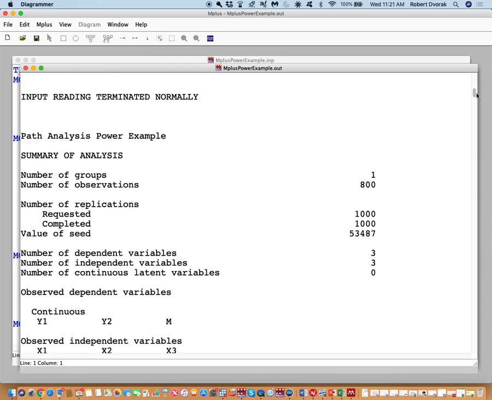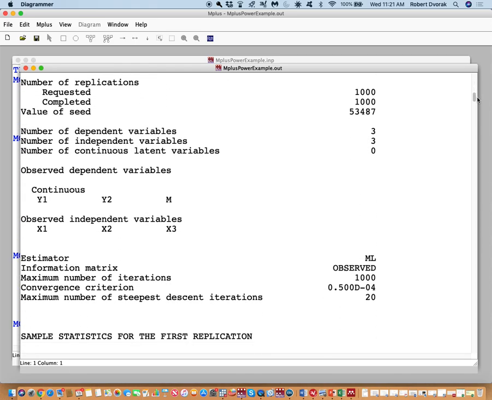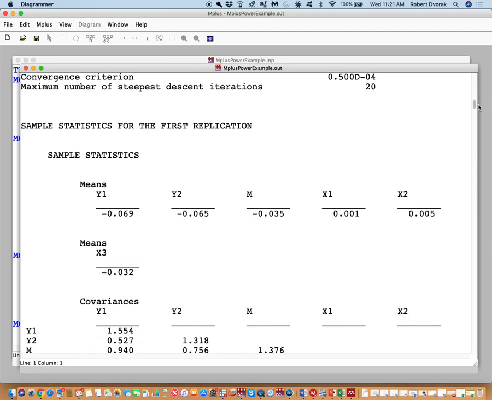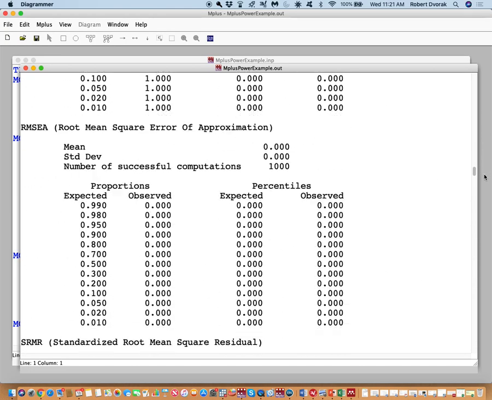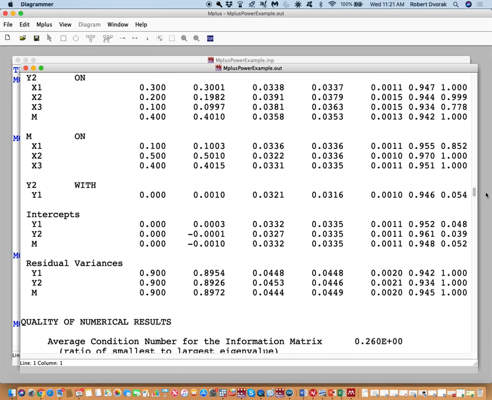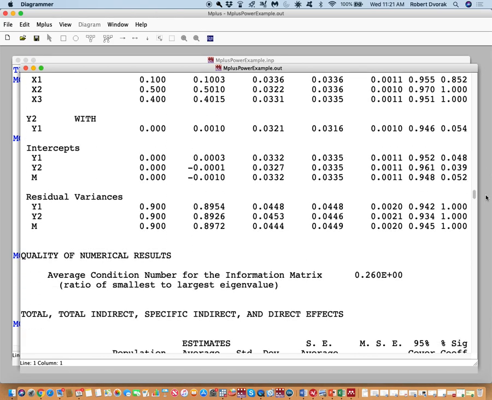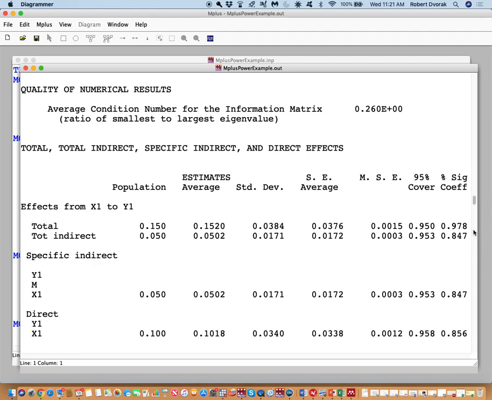It's just well overpowered. Like 100% of the time, you detected a significant effect. Now we're at 0.85 there, and our total indirect effect is 0.847. This is probably about the spot where I would stop, right? I would say at 800 people, we have this sort of an effect.